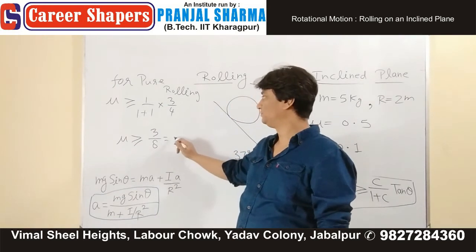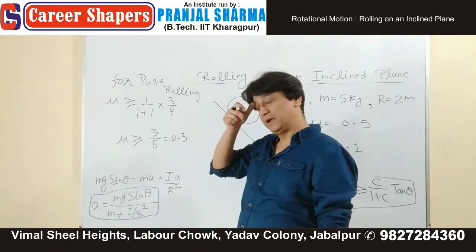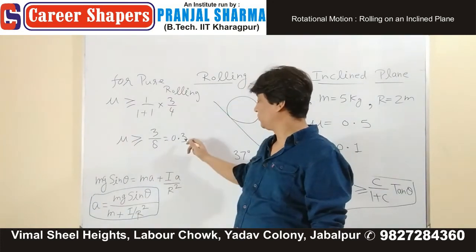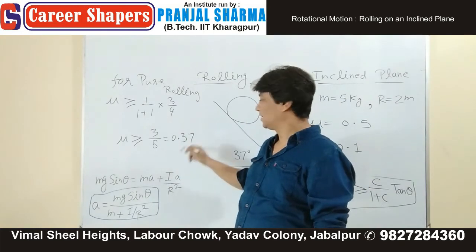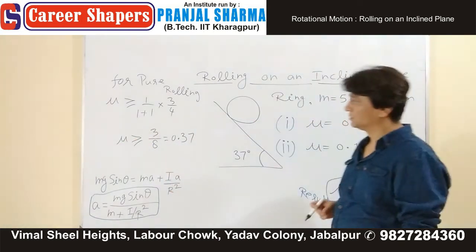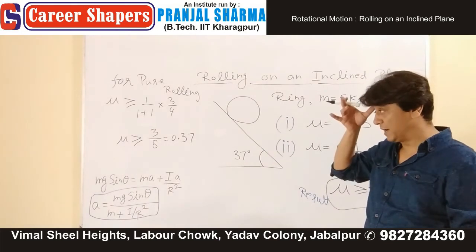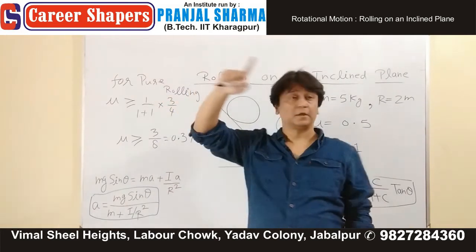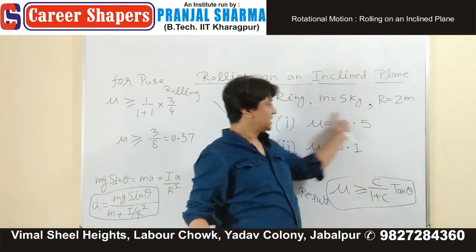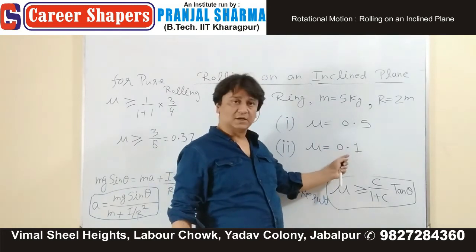Which is 0.3, 8 3 24, 6, roughly 0.37. So mu should be greater than or equal to what? 0.37 for pure rolling, which is satisfied by this value of mu, but this doesn't.